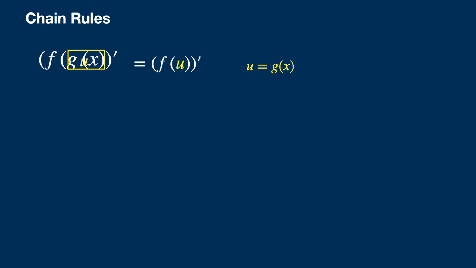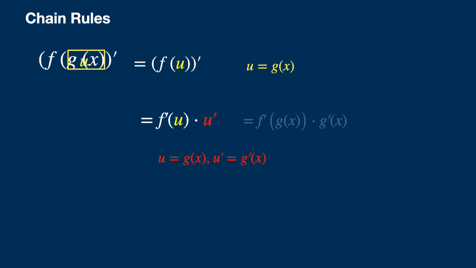Now, with f in terms of u, you're going to take the derivative of f with respect to u first, then times u prime. That's going to be the chain rule. When you find this derivative, make sure you plug in the u value: u is g of x, and u prime is g prime of x.